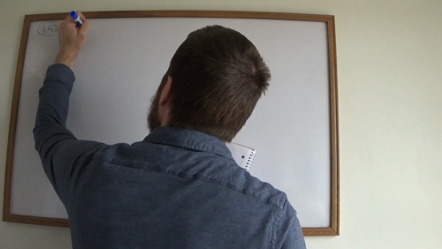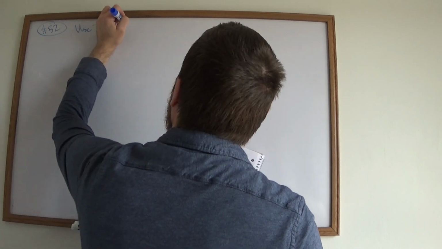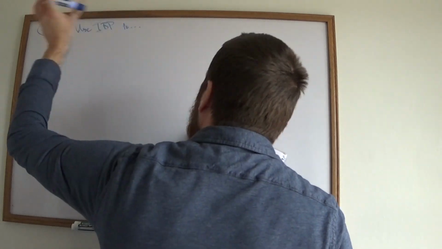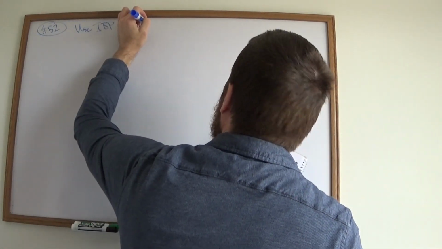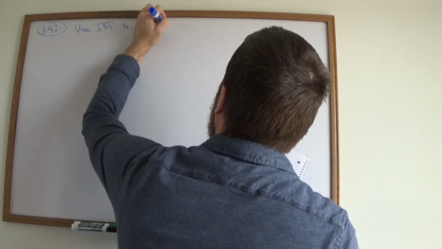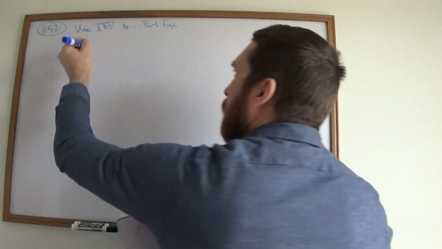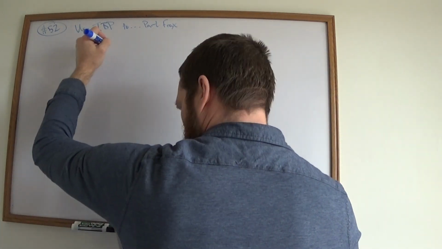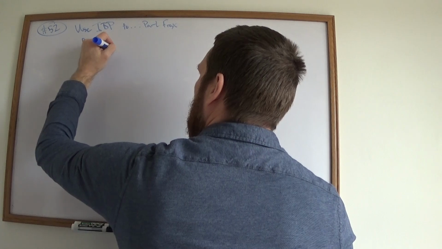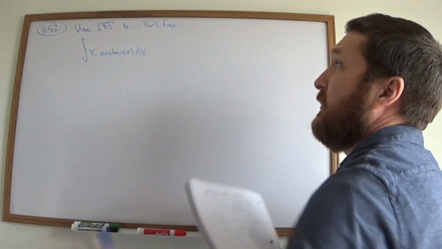It says use integration by parts to get an expression on which you can use partial fractions. It gives you x arctan x dx.